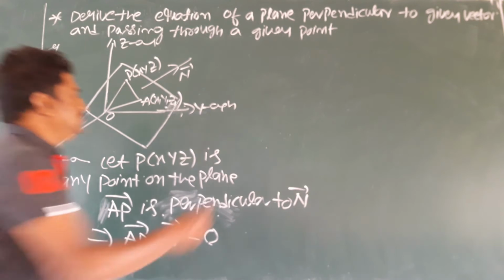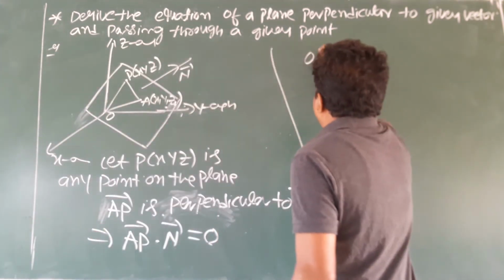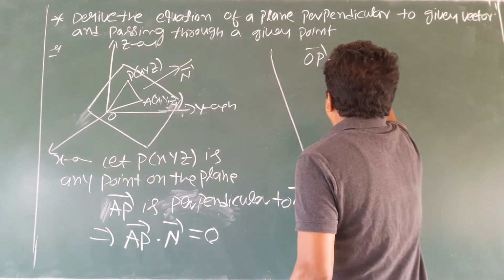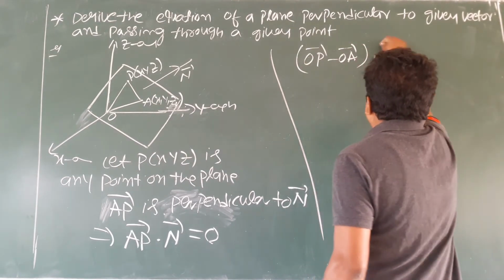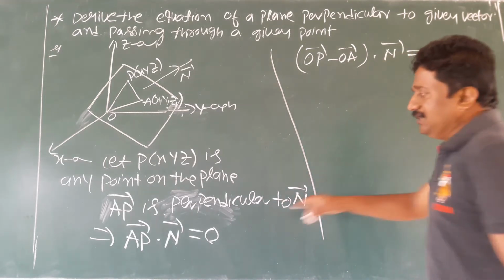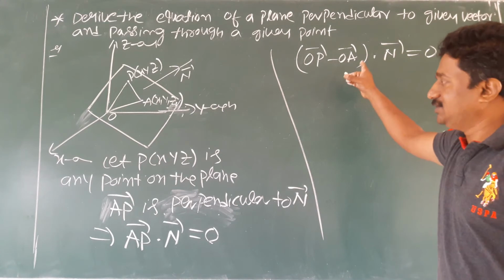Now write that. So what is AP? AP means OP minus OA, according to the reversal law. So (OP minus OA) dot N equals 0.